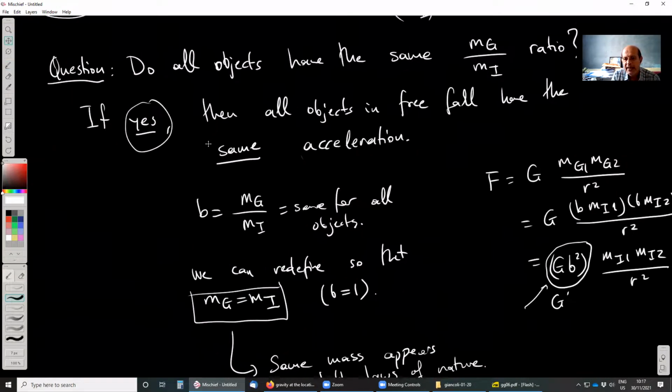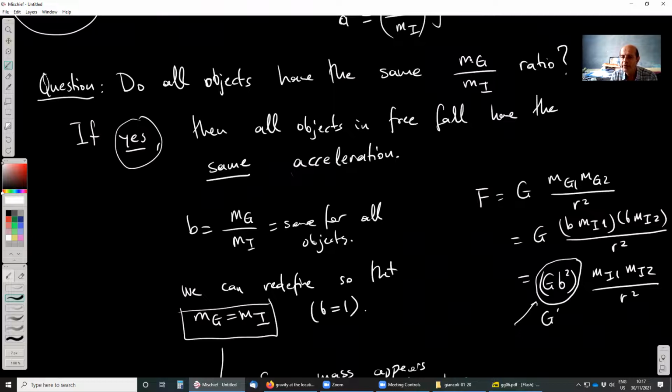In any case, if all objects have the same ratio, then that basically corresponds to the case where the gravitational mass and inertial mass are one and the same thing, right?